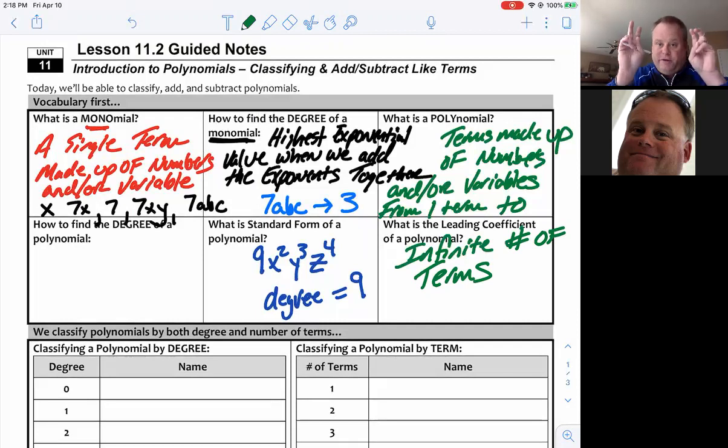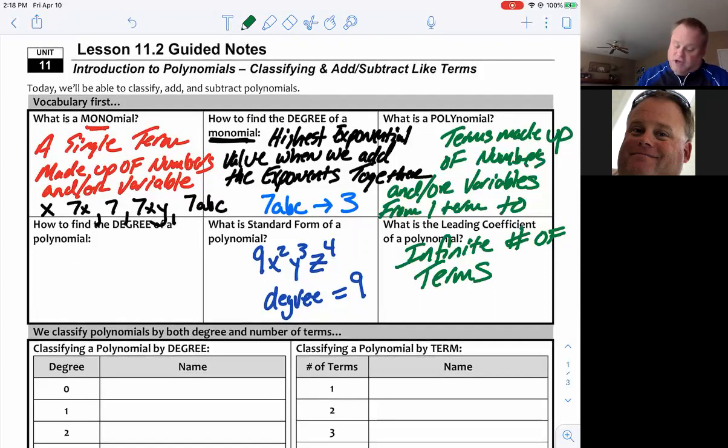Polynomial is the big header, just like when we did four-sided shapes. Quadrilaterals is the top, and then we did parallelograms, rhombus, trapezoids, squares, rectangles, all that underneath a quadrilateral. This is the same idea with a polynomial.